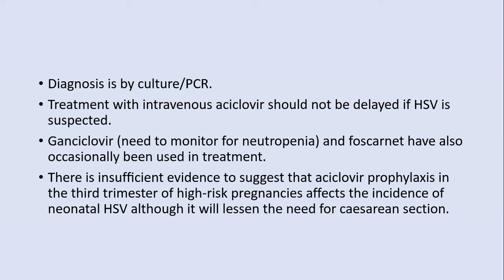So as compared to acyclovir prophylaxis, it is better to go for cesarean section and omit the normal delivery if the mother is suspected of having genital herpes simplex virus.